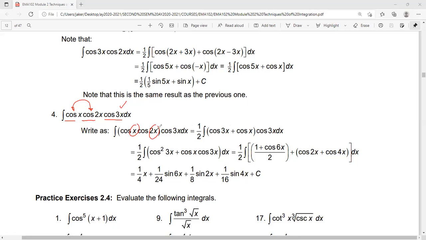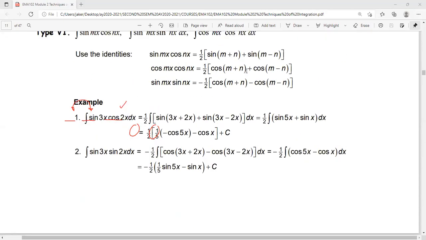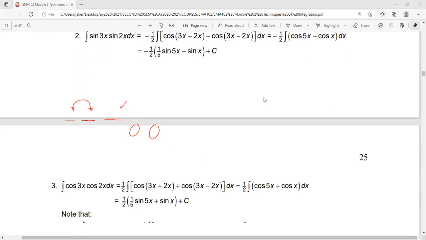So x minus 2x or 2x minus x, it's still cosine of x. So this is it, as per our identity on top. So I'll go back to that so you will recall this is our identity here. 1/2 the cosine of the sum of the two angles plus the cosine of the difference of the two in the order m minus n.